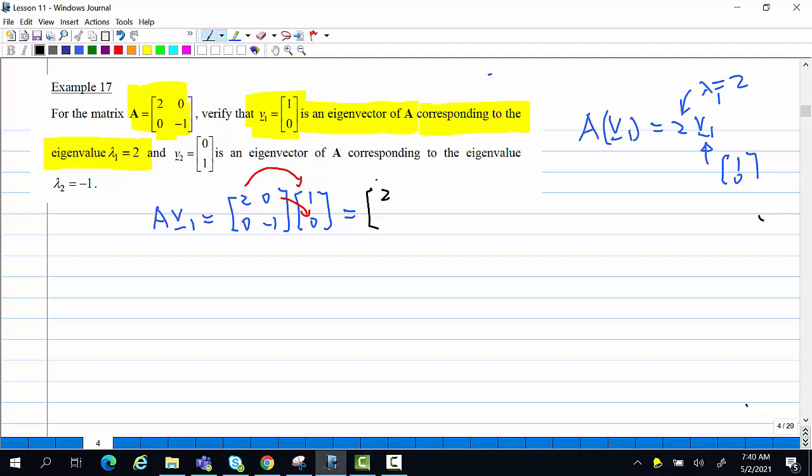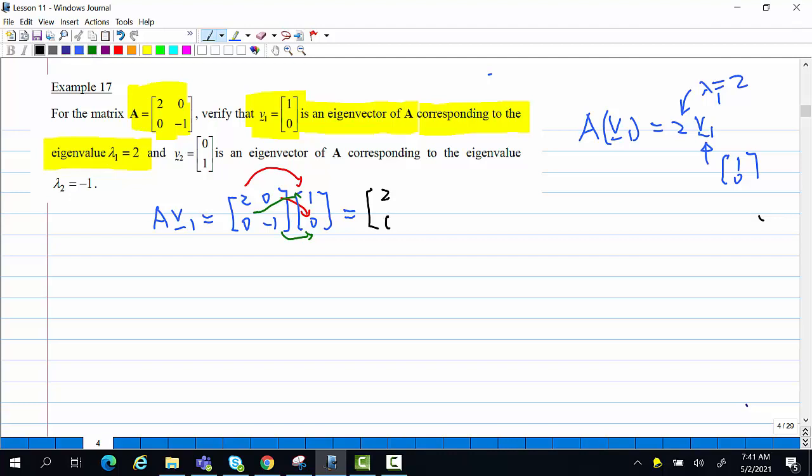And then the next row: 0 times 1, minus 1 times 0, you get 0 here.